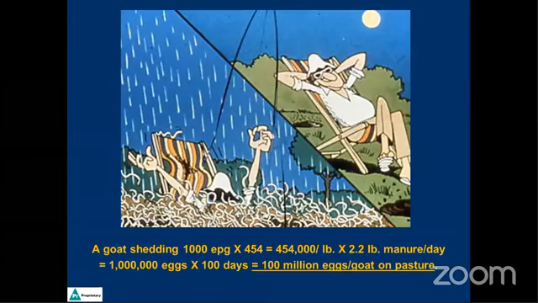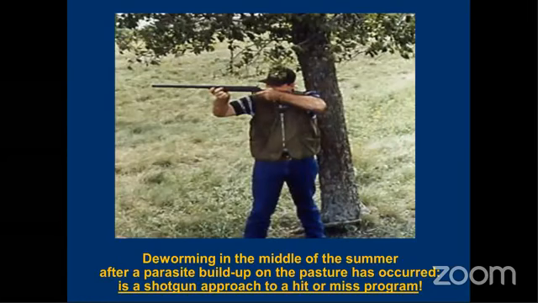If you turn those animals out in April, come July you've got 100 million eggs from just one animal on that pasture. So that reinfection rate is tremendous. When we come back to this, I'll show you how we want to prevent that from happening.